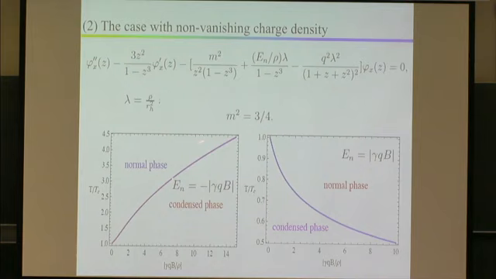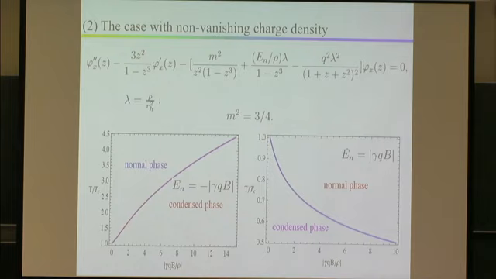To solve this equation of motion, we have to specify one of the three parameters. Here we choose m square equal to 3 over 4. In this case, the eigenvalue and the Hawking temperature will have some relation if the solution satisfies the boundary condition.